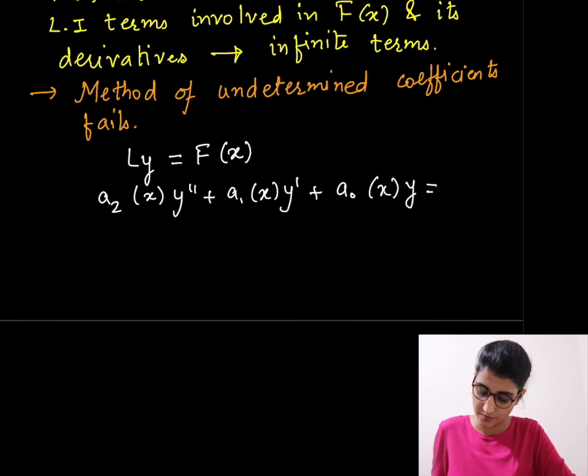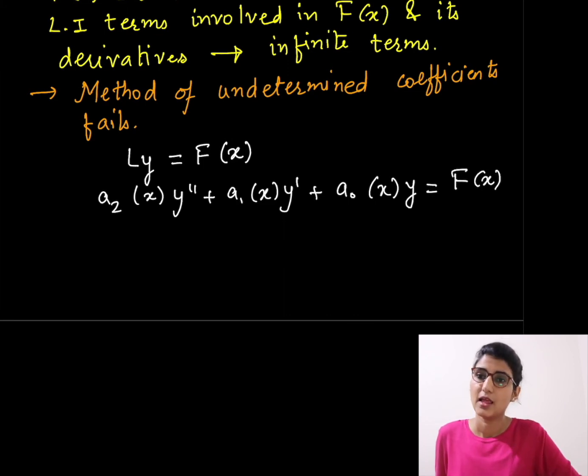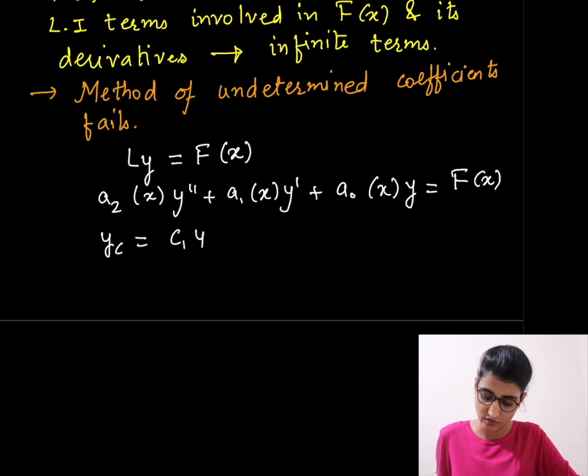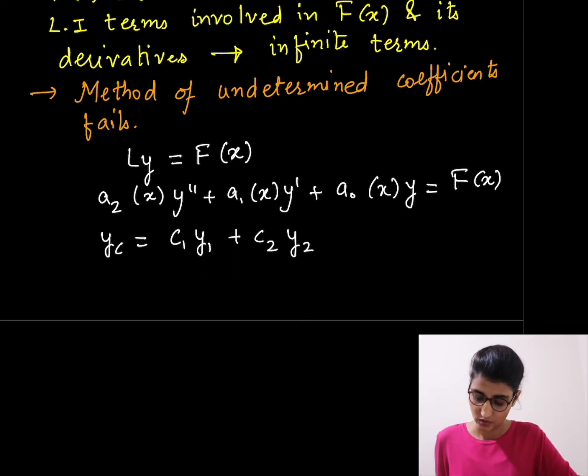We can find the complementary solution. Suppose the complementary solution is given by c1y1 plus c2y2, where y1 and y2 are linearly independent. We know how to find the complementary solution for equations with constant coefficients.